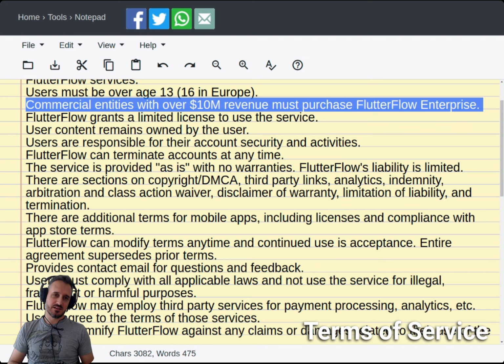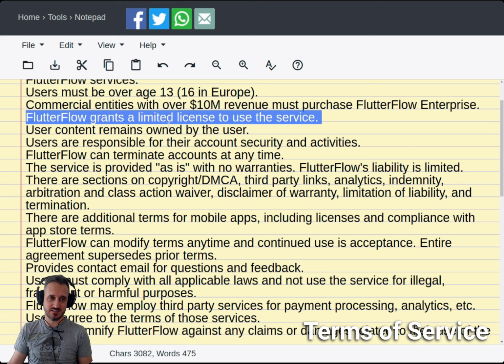But I think this is like 0.001% of all the Flow users. And if you are in a company with over 10 million revenue, I don't think you'll be a regular Flow user. You probably purchase Flow Enterprise in the first place, or you connect with Flow in the first place and not just create a random account. I just don't think so.